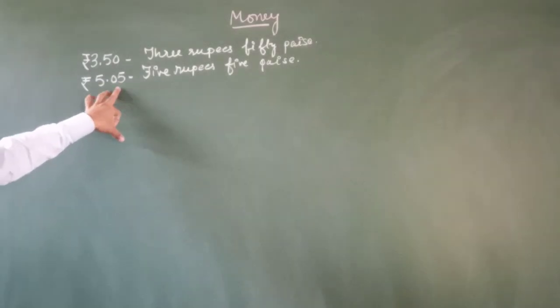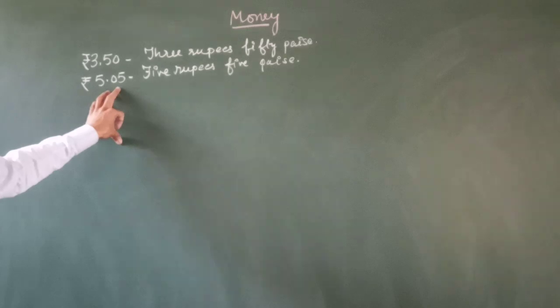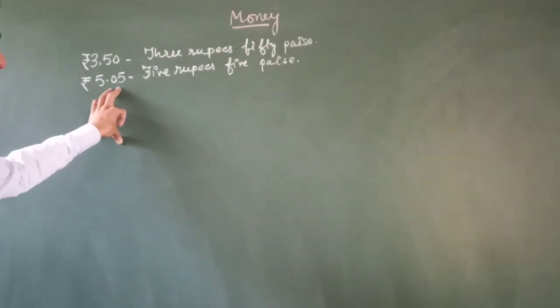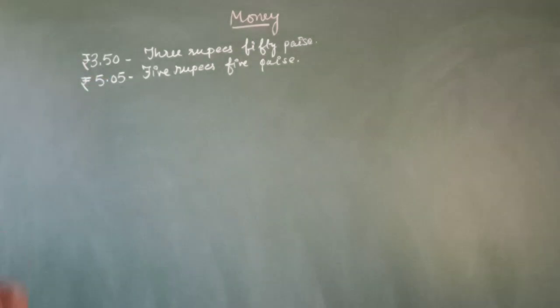So 5 rupees 5 paise can be written in figures as 5.05.